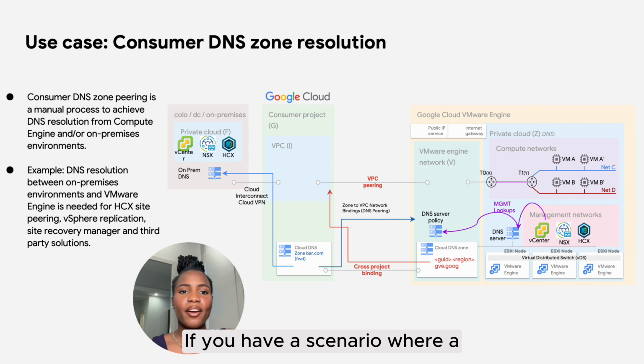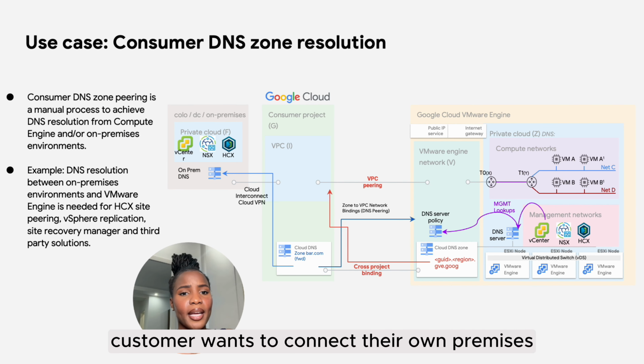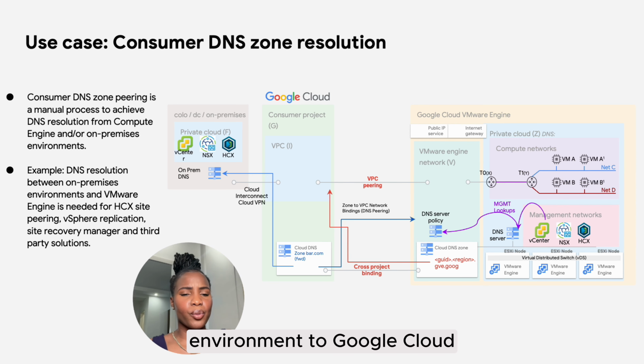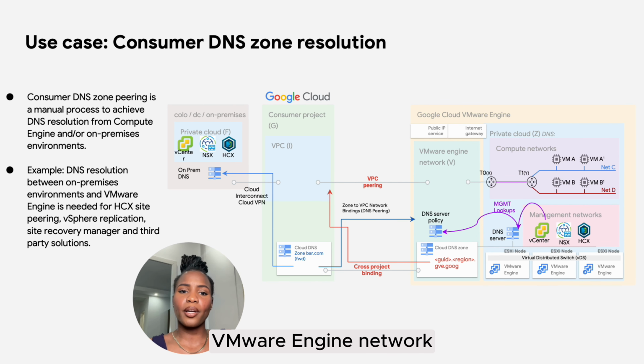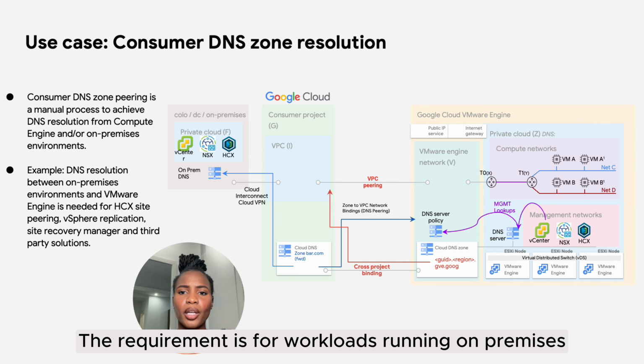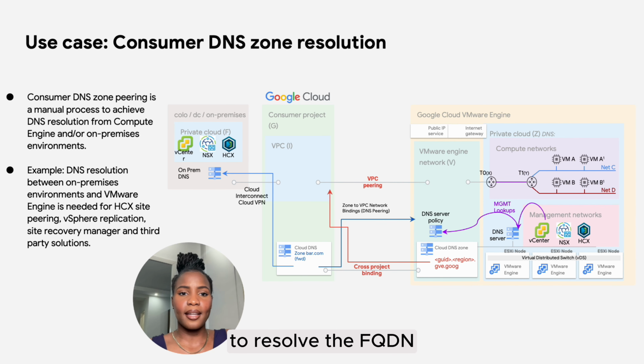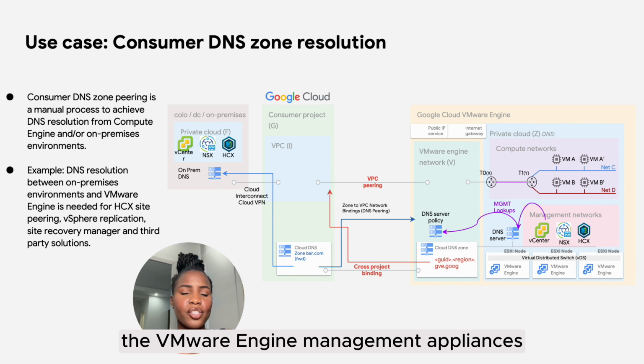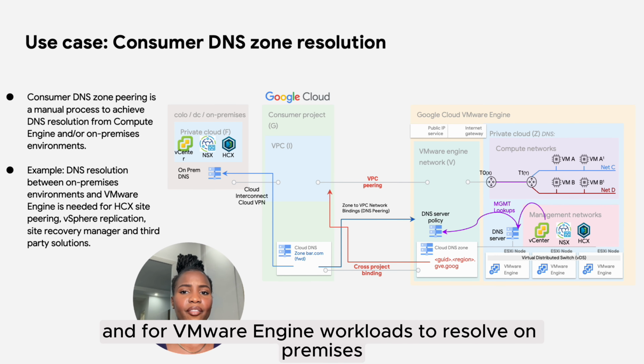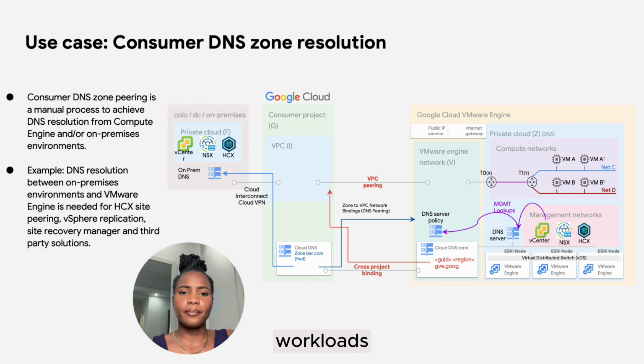If you have a scenario where a customer wants to connect their on-premises environment to Google Cloud VMware Engine network, the requirement is for workloads running on-premises to resolve the FQDN of the VMware Engine management appliances, and for VMware Engine workloads to resolve on-premises workloads.